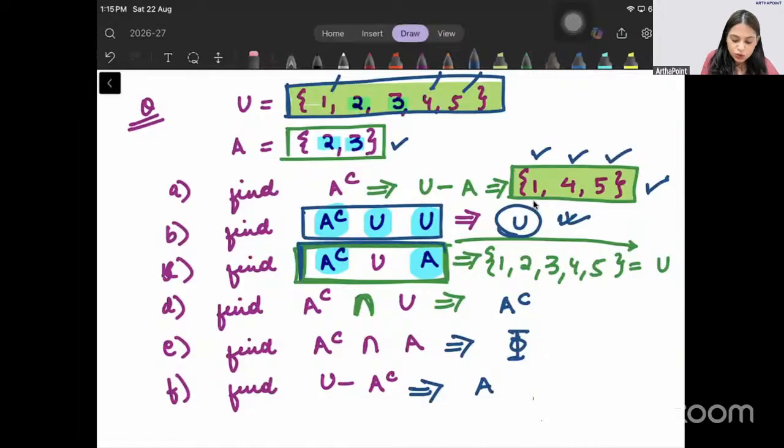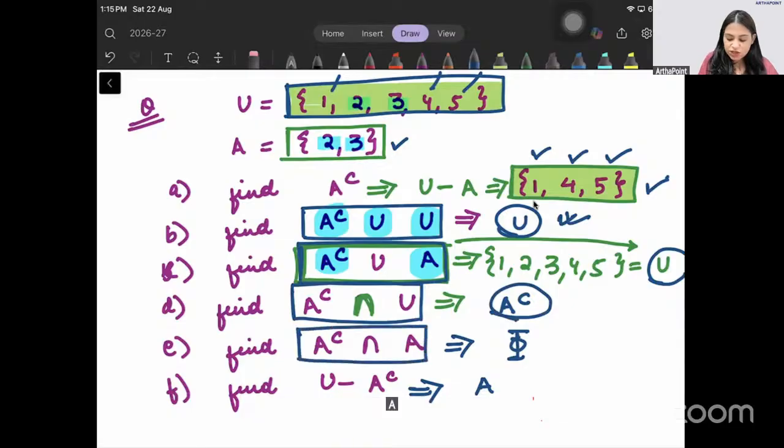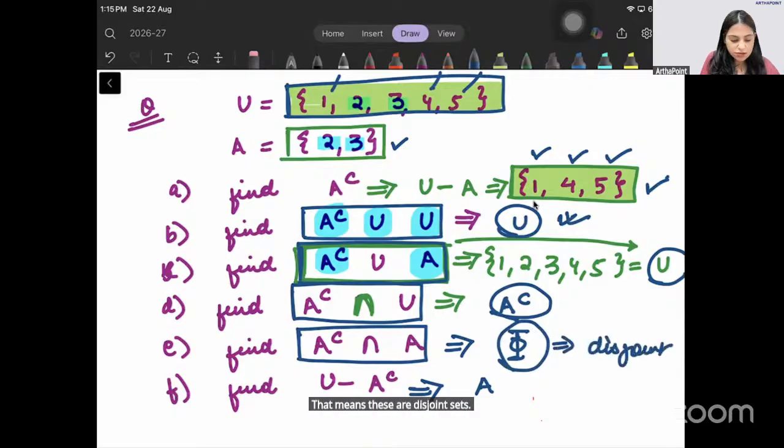A complement union A is giving me universal. A complement intersection universal is giving me A complement. A complement intersection A is giving me null. That means these are disjoint sets. And universal minus A complement is giving me A. This is the definition of A complement. Okay, good. Good, all of you.